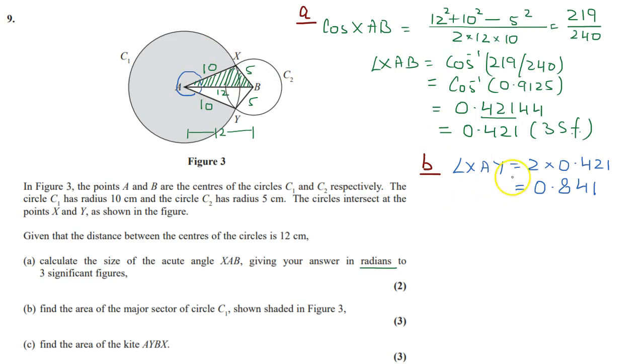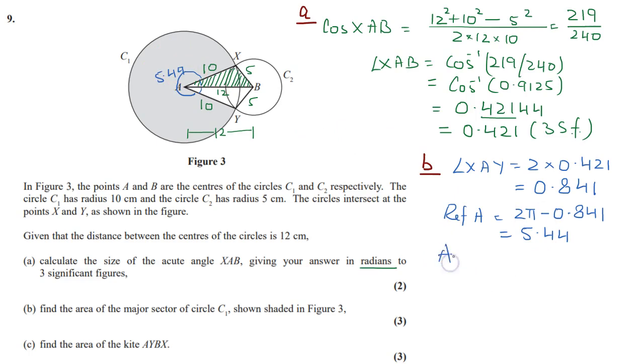So measure XAY, this angle, or you can say the reflex angle A will be 2 pi minus 0.841. So this will be 5.44218. Let's have 3 significant figures only. So this angle is 5.44.